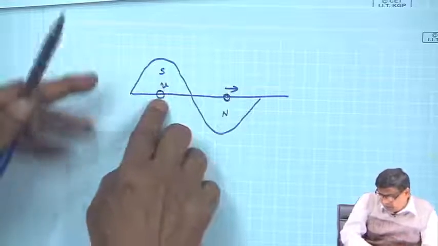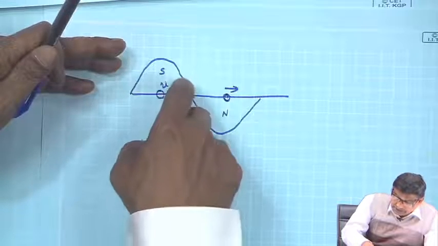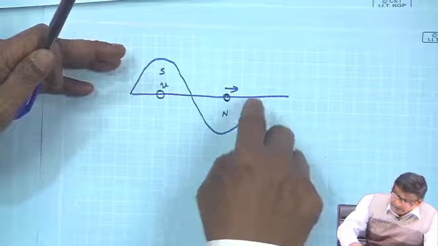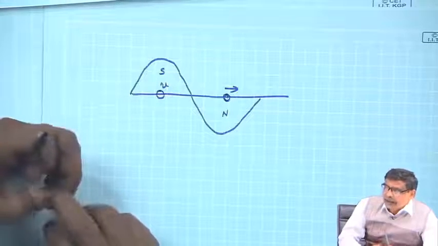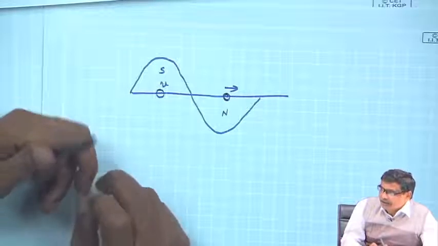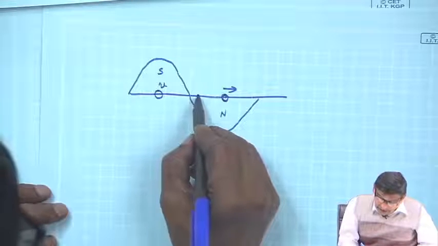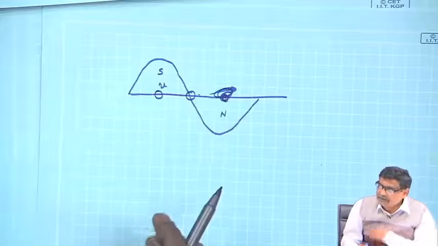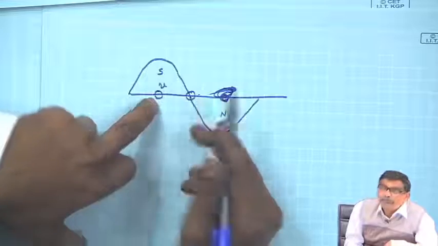So, whenever this conductor experiences a south pole of certain strength, its counterpart, the other conductor, will experience the same strength of pole but of opposite polarity, and that will ensure twice the voltage all the time. If you like, you can place one conductor here and another conductor there, but when it is having maximum voltage, this one will be having 0 voltage.